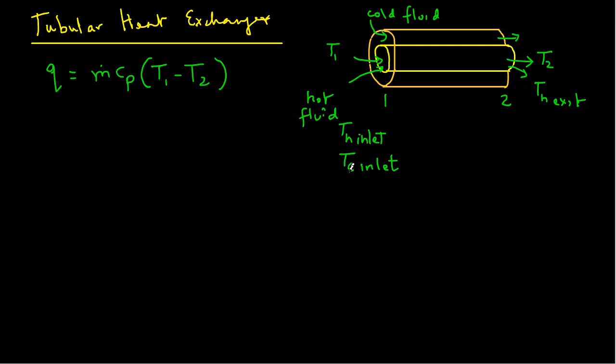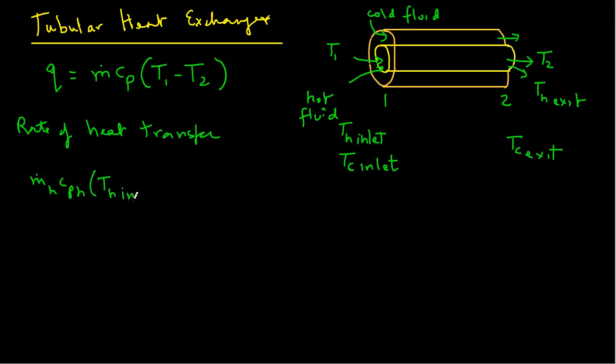So again, by using our simple energy balance, we can write that the rate of heat transfer between the hot fluid and the cold stream is m dot h times Cph times Th inlet minus Th exit, and that equals m dot c times Cpc times Tc exit minus Tc inlet, where Cph is the specific heat of the hot fluid and Cpc is the specific heat for the cold fluid.